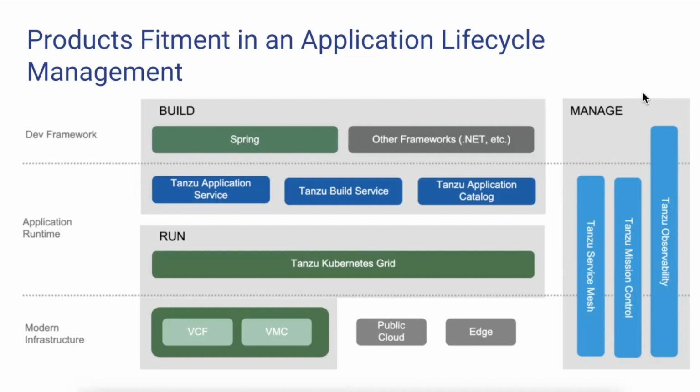Tanzu Service Mesh is basically the VMware flavor of service mesh. It is based on Istio and it is a SaaS solution, which helps again to manage the services running across different Kubernetes clusters. We'll be talking about these products in much more detail as I go on. So hold on for some time.